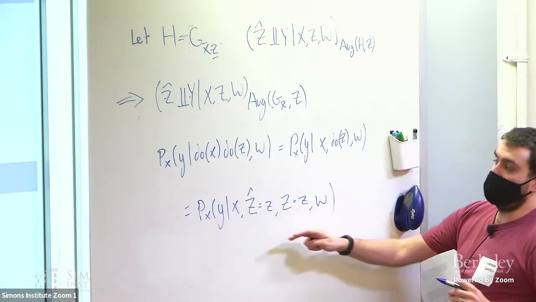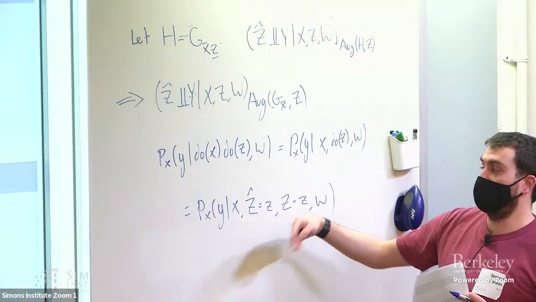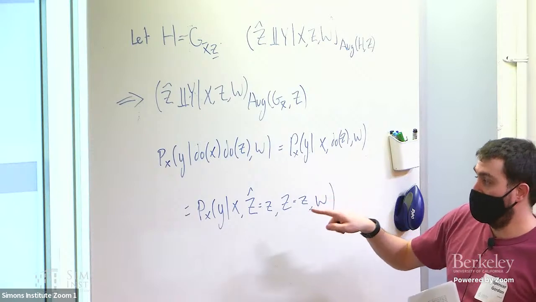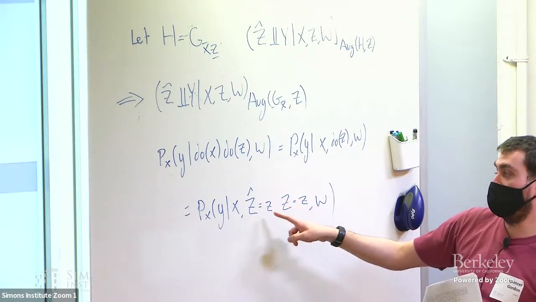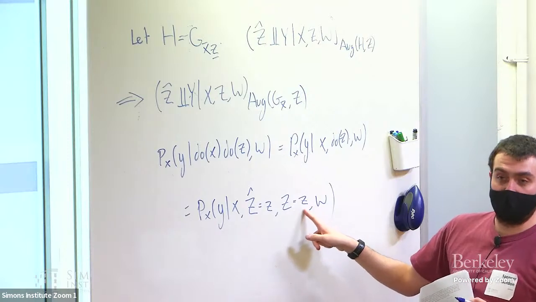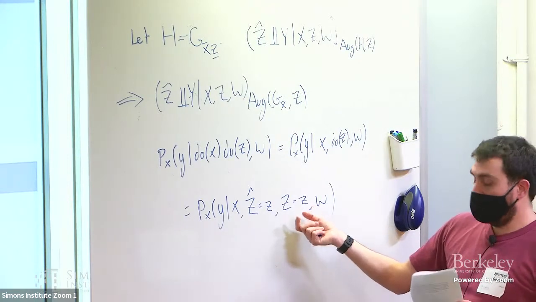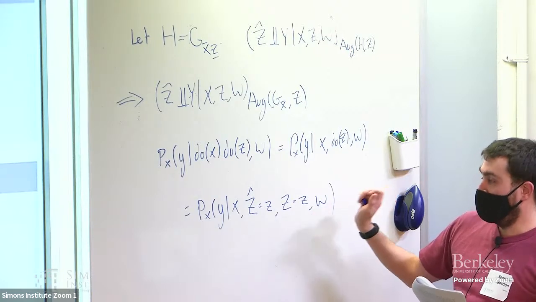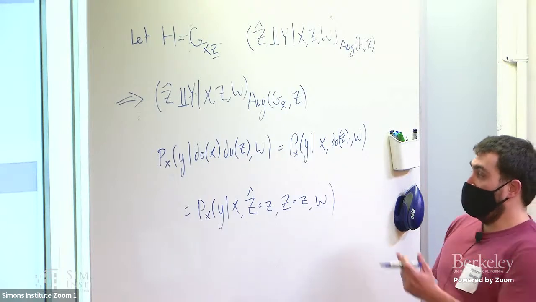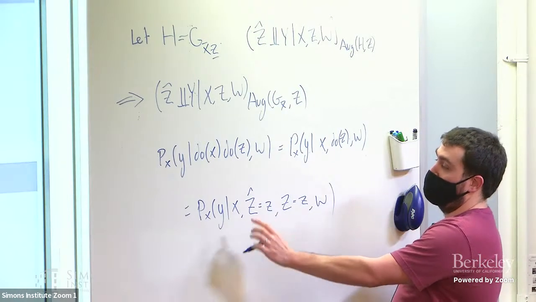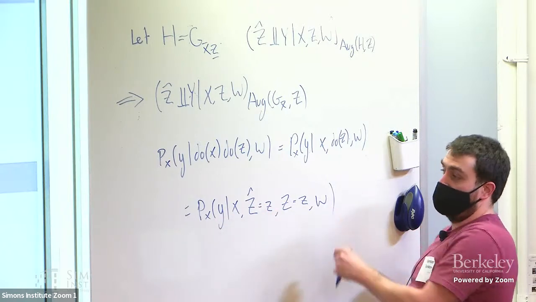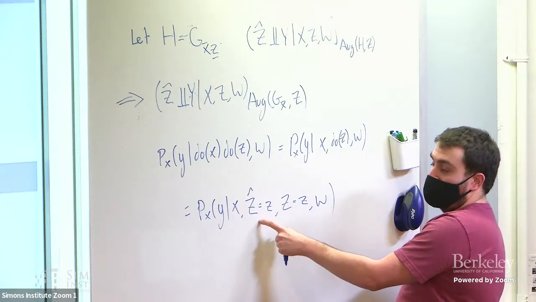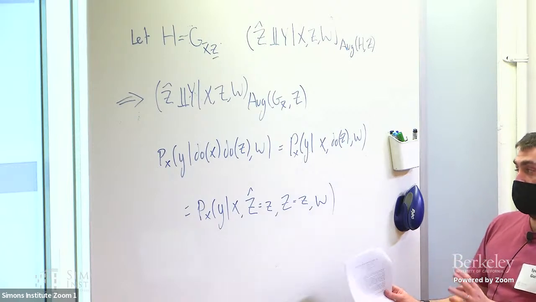So here, I've now switched to working in the augmented model, and doing Z in the original model is the same thing as observing that this augmented variable has the value Z, and then observing that Z has the value Z. And then now I have an expression with a Y, X, Z hat, Z, and W. And I want to get rid of this Z hat to get something back in the world without intervention variables.